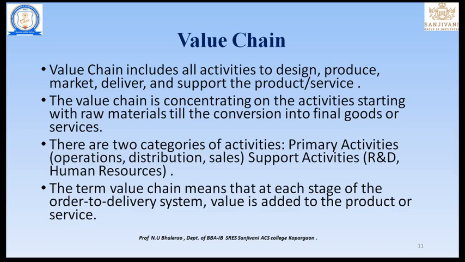So friends, in these two lines we understand that the value chain is nothing but the part of the product where the process starts from raw material to the finished goods, and from finished goods to the end consumer. The activity continuously has a process of improvement which will include the designing, production, marketing, delivery system, and support system. It is under the value chain system, and every company always focuses on improving their value chain.